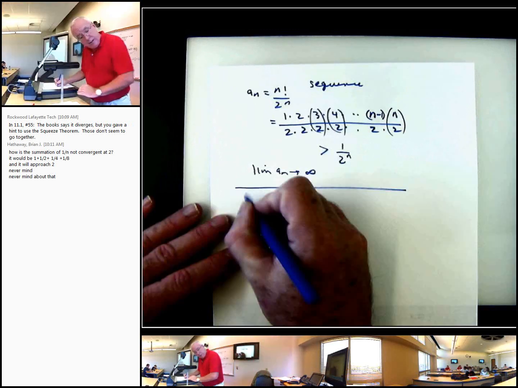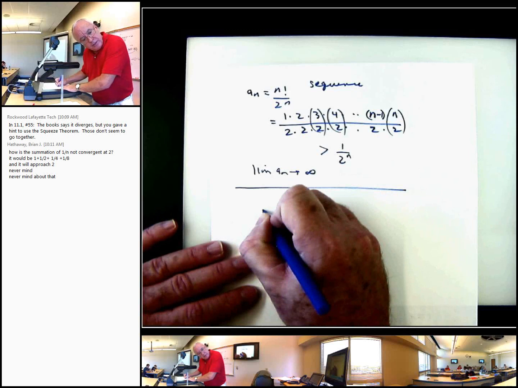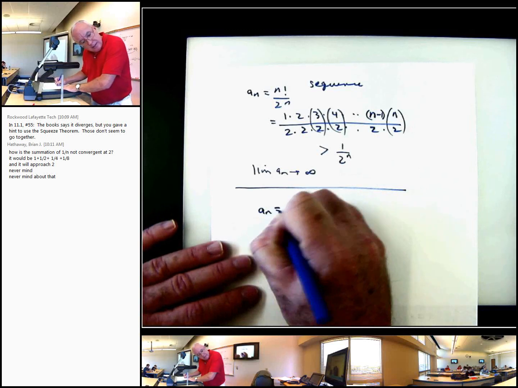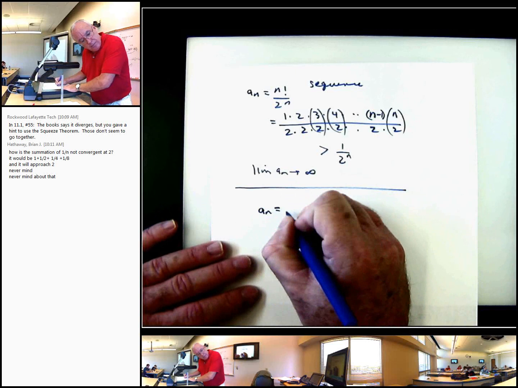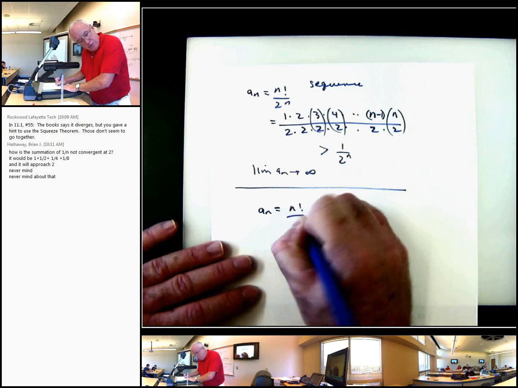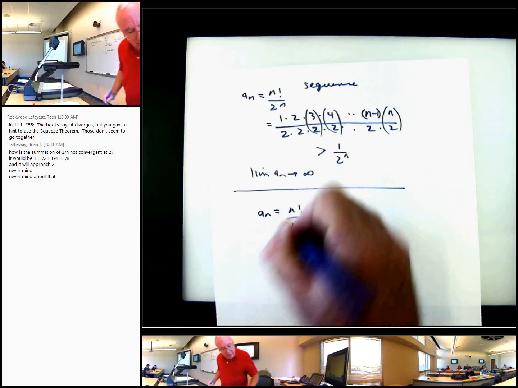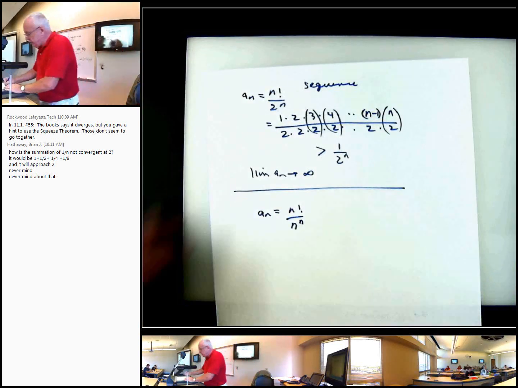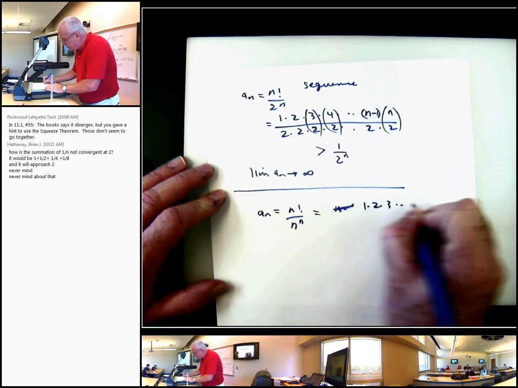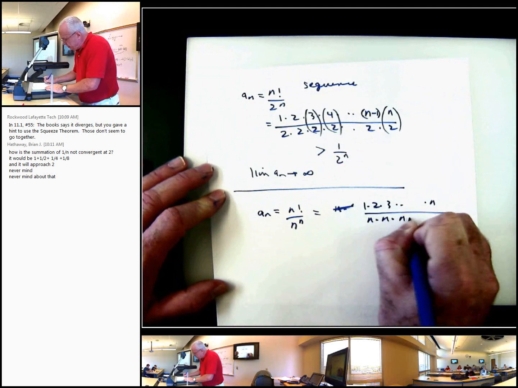There's a similar exercise in the book where we have a summation sequence that's like n factorial over n to the n power, and this thing then is 1 times 2 times 3 times n all over n times n times n times n.